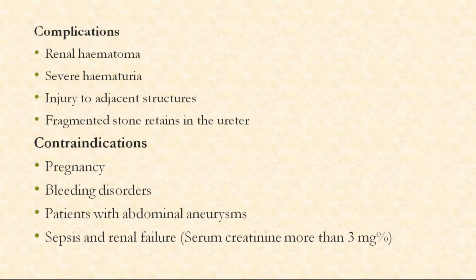While doing ESWL, the surrounding structures may also be injured, like the adrenal glands, the liver, and other bowels. The fragmented stones may sometimes be retained in the urinary tract and can be removed by endoscope.